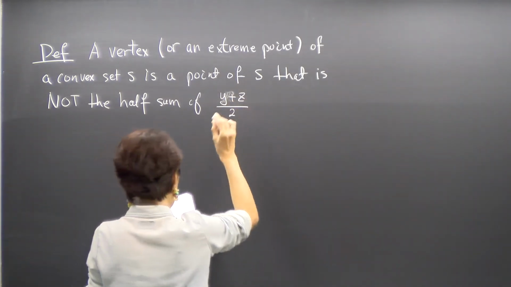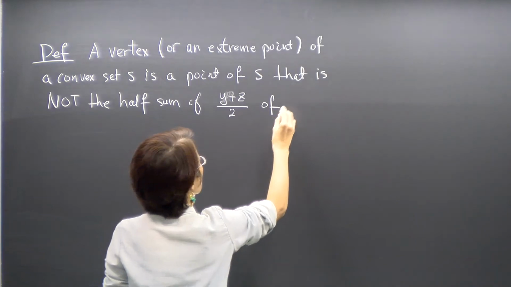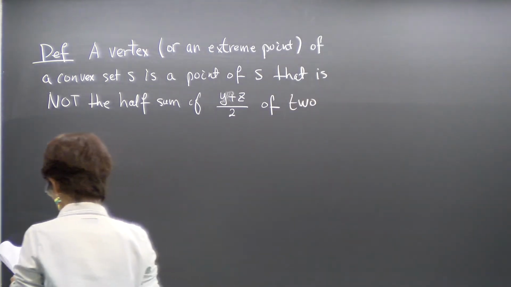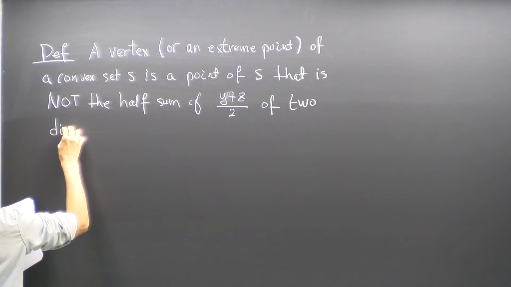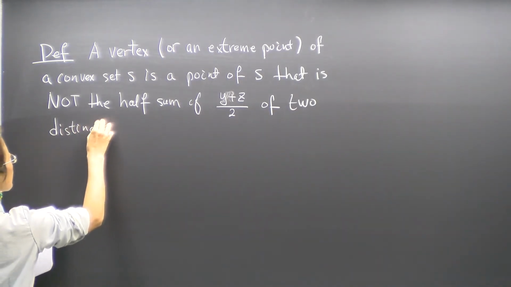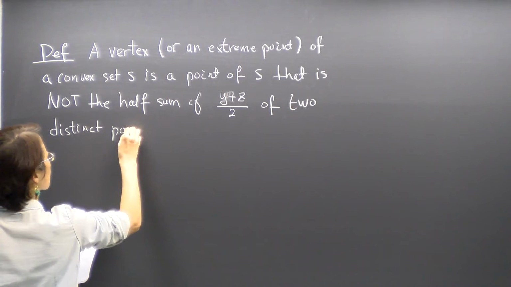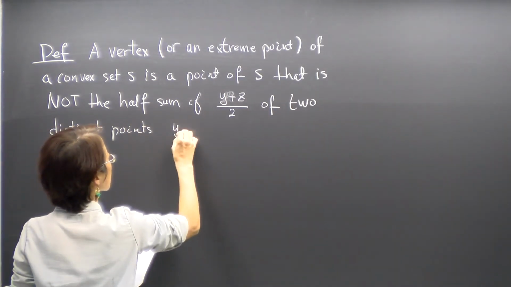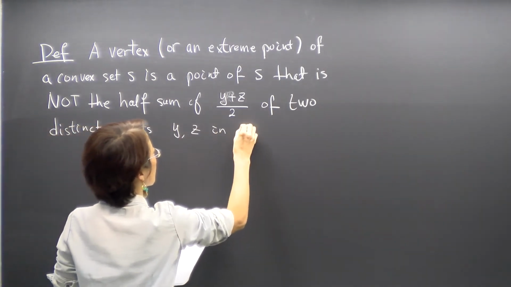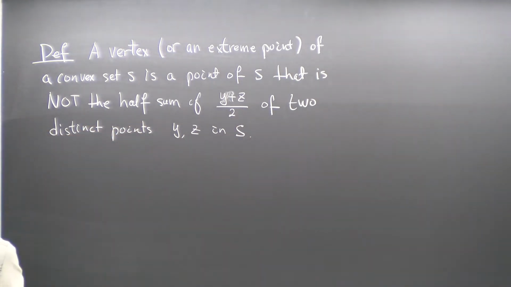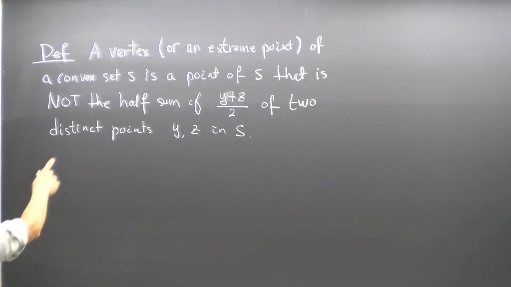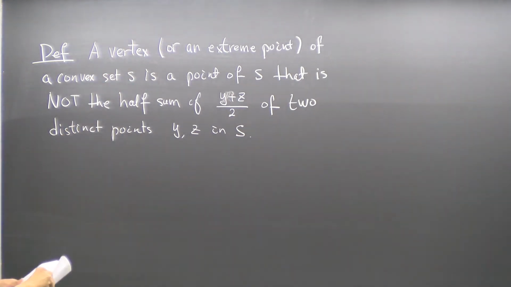And then y and z are also in the set S, and they are distinct. You cannot find two distinct points in the set such that this point, the vertex here, is a convex combination of them. Is the definition clear? Okay.